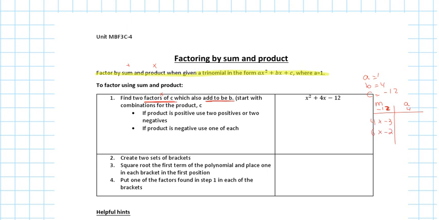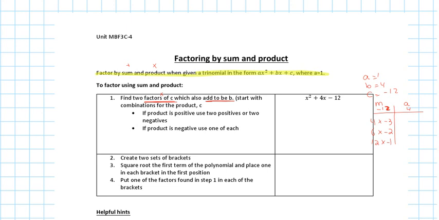Can you give me another one that multiplies to 12? 12 and negative 1. Is that it? Or do I have any other options? We already have that. 4 and negative 3 is the same thing. Any other? That's it, right?